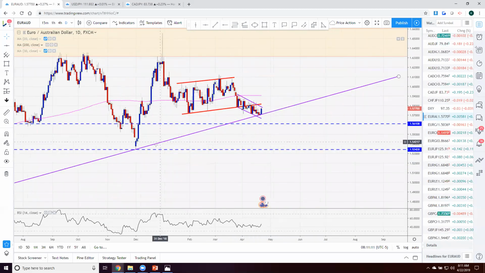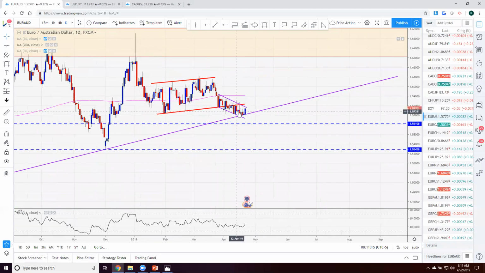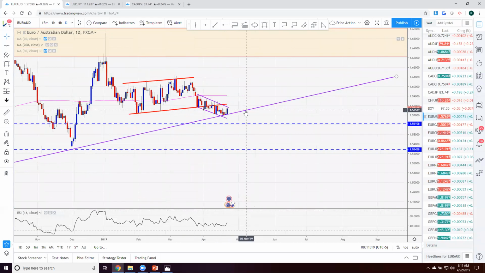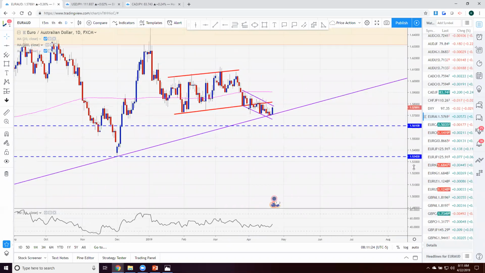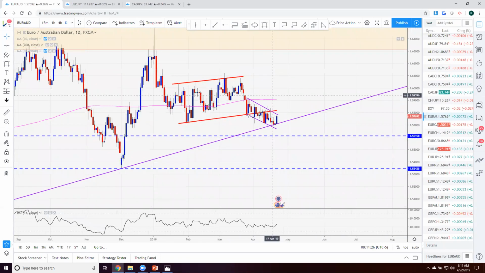As you can see, it's ultimately down in this purple channel until we hit this ascending trend line. It has since had a big bullish candle. So price is still relatively choppy. Got a couple of channels here where we're watching.